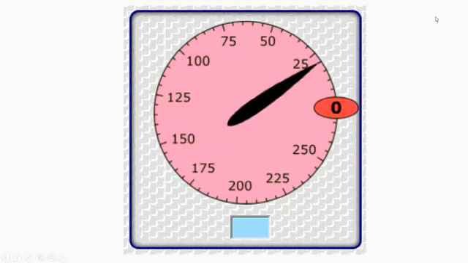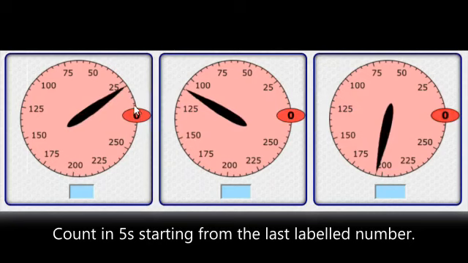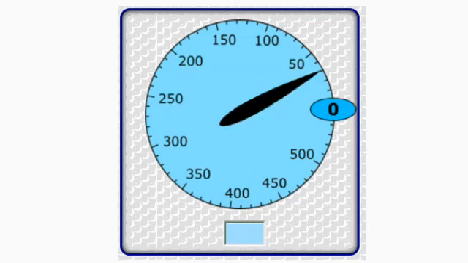Do you need to count in twos, fives or tens starting from 0 all the way up to 25? Count from 0, count up to 50. What number do you need to count in?